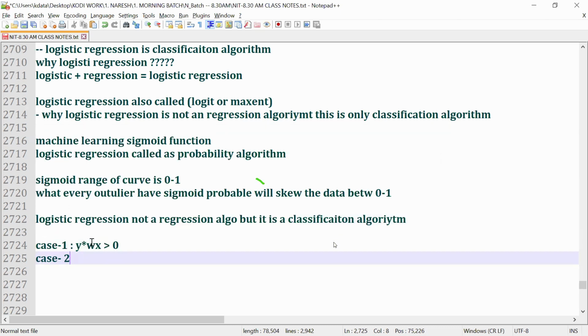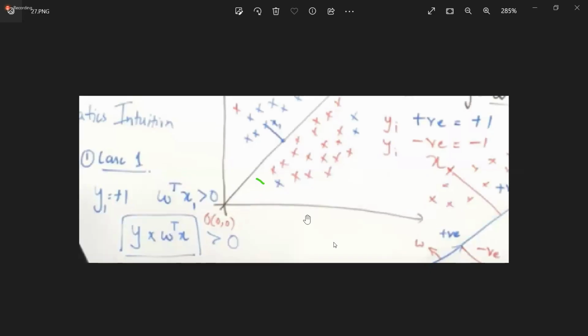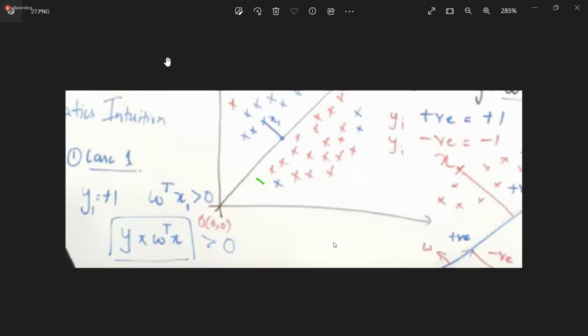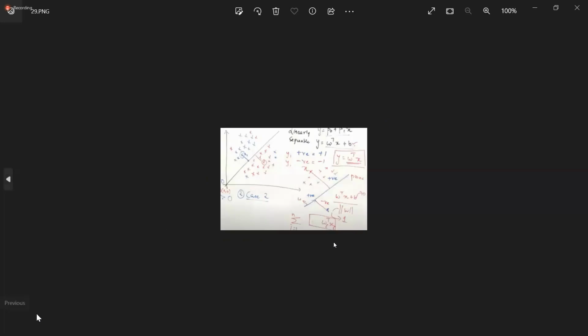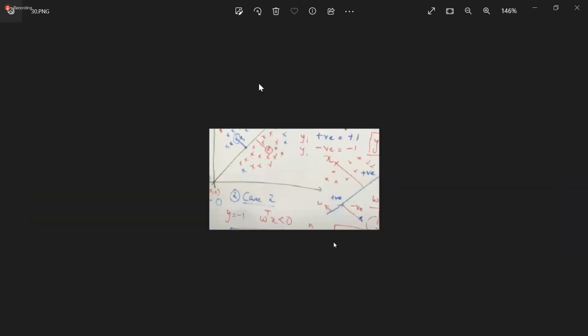Now let's go to case 2. In case 2, have a look at this. Let's understand. What about case 2, guys? In case 2, is y positive or negative? Negative.